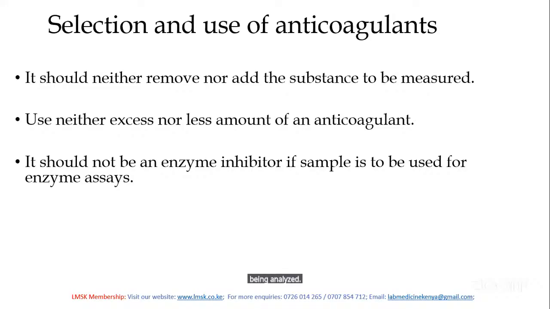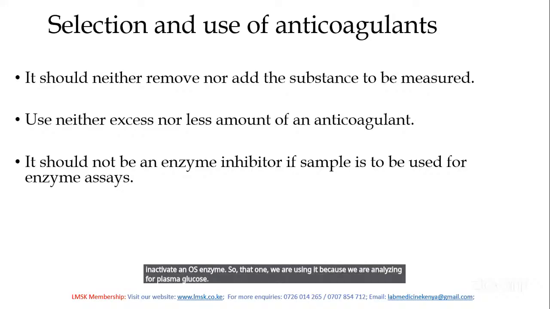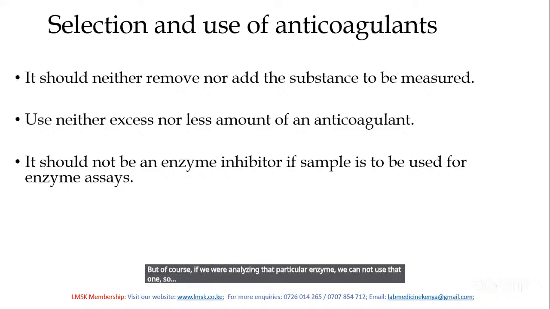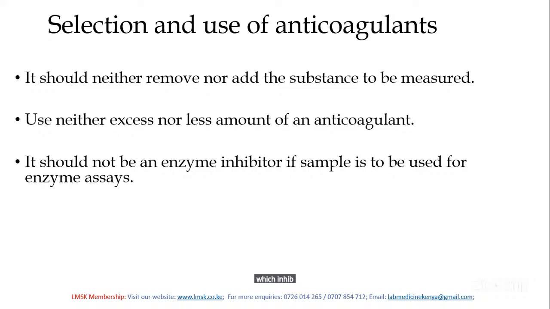Like I've mentioned about the gray top tube, where the sodium fluoride inactivates enolase enzyme. We use that one because we are analyzing for plasma glucose. But of course, if we were analyzing that particular enzyme, we cannot use that one. So any anticoagulant which inhibits the enzyme which you are analyzing, don't use it.